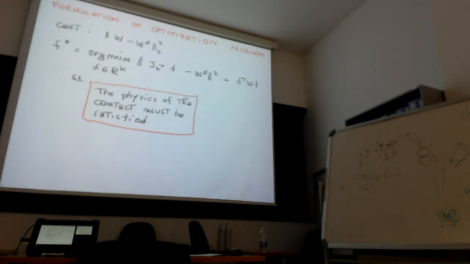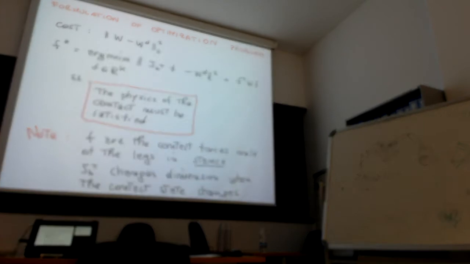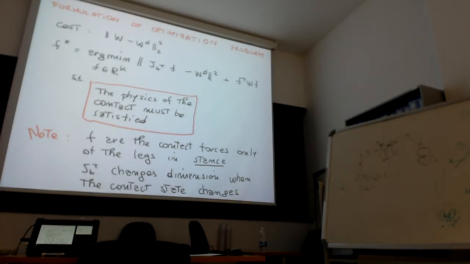Plus, we want the physical contact constraints satisfied. And pay attention that the vector of forces are just the forces that are in contact, so related to the legs that are in stance. We don't use the whole body controller to set the torques and the forces for the leg in swing, unless you explicitly write a task for that.